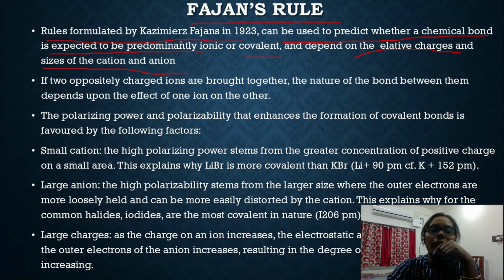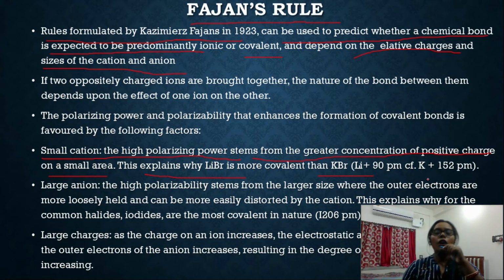So according to Fajan's rule, the small cation, having the high polarizing power, stems from the greater concentration of positive charge on a small area, and this explains why lithium bromide is more covalent than potassium bromide.